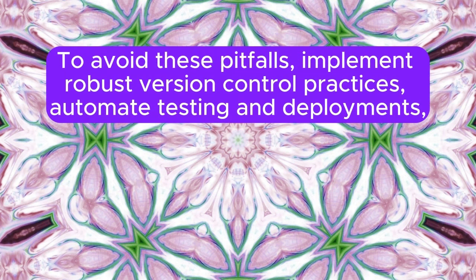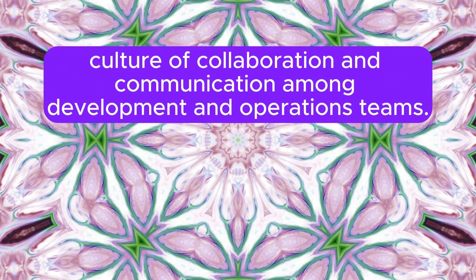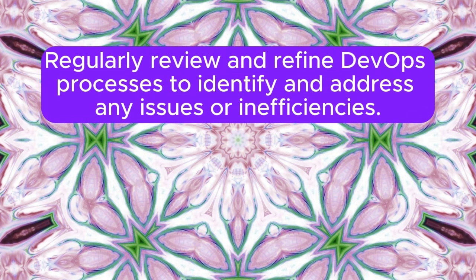To avoid these pitfalls, implement robust version control practices, automate testing and deployments, use environment management tools to maintain consistency, and foster a culture of collaboration and communication among development and operations teams. Regularly review and refine DevOps processes to identify and address any issues or inefficiencies.